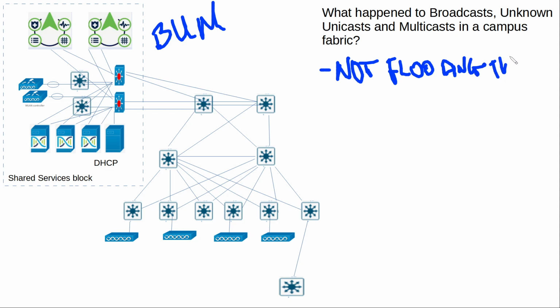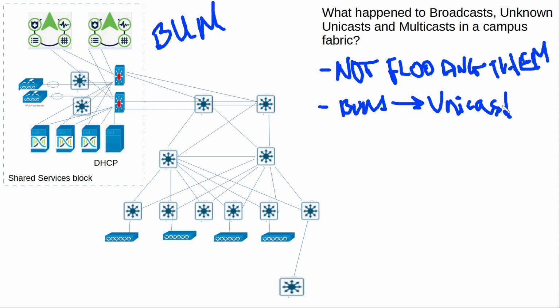The fabric will make efforts to translate these messages into unicast, in order to not flood them into the network. So by default, that is the way it works.